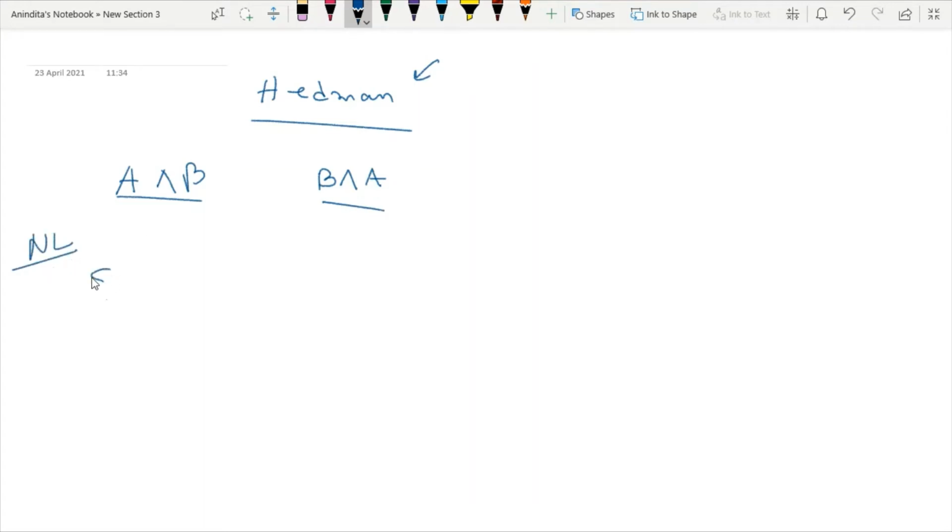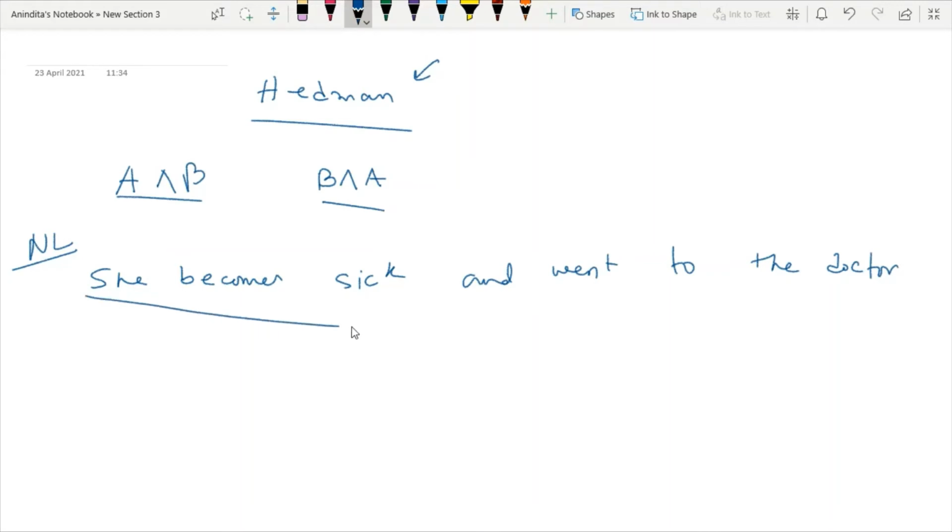If I write, she becomes sick and went to the doctor. So this is the line. She becomes sick is A, and she went to the doctor is B.